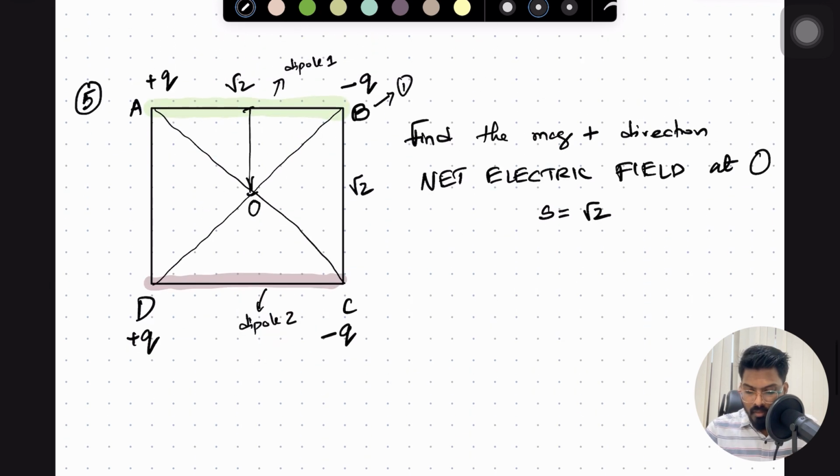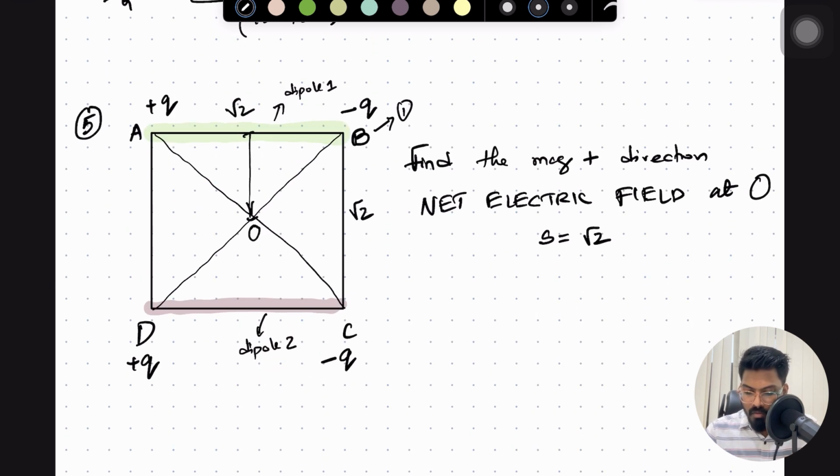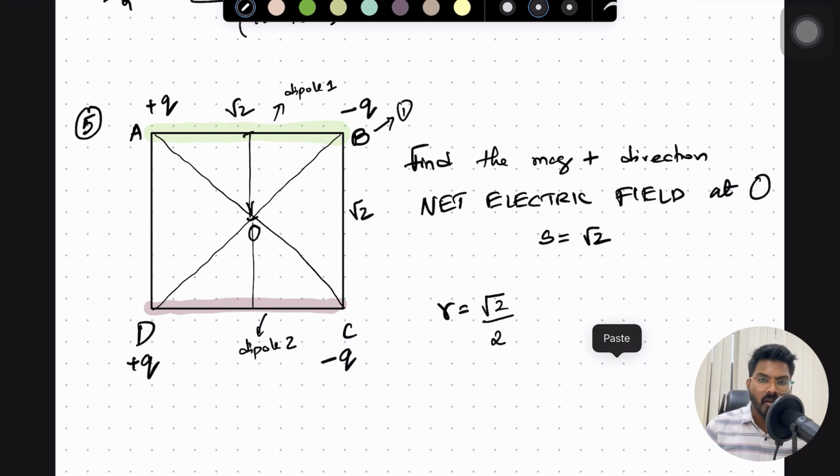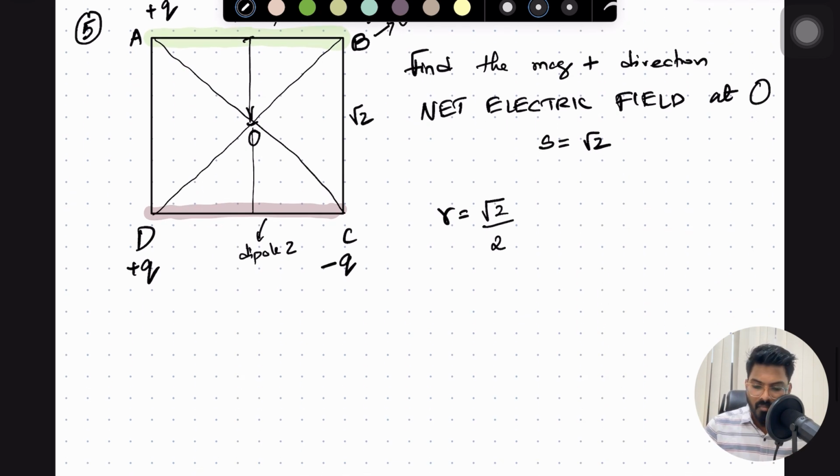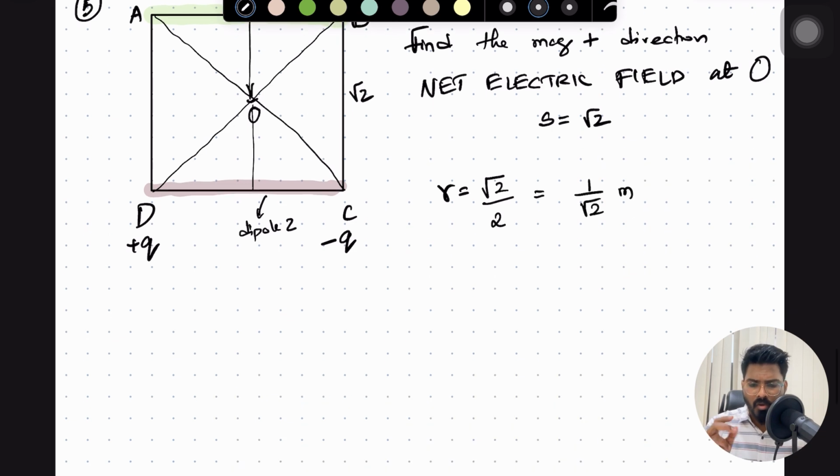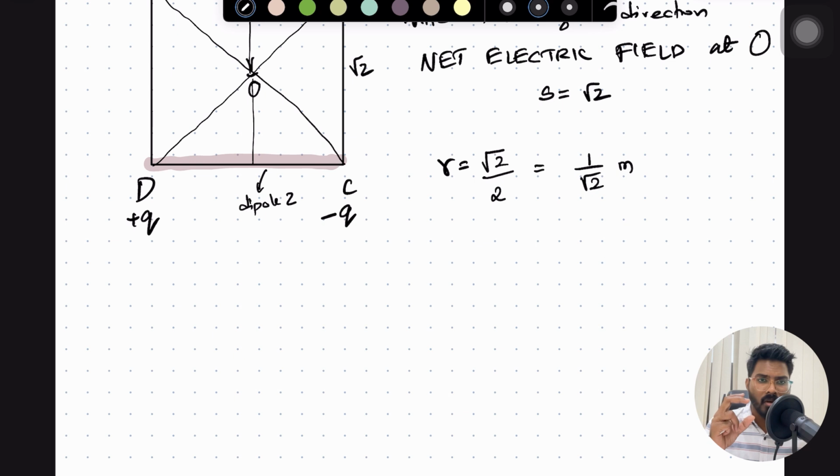This length r would be square root of 2 by 2. So r would be exactly halfway, square root of 2 divided by 2, which gives us 1 by root 2 meter. So we know the distance of the dipole from the point we are considering, O.